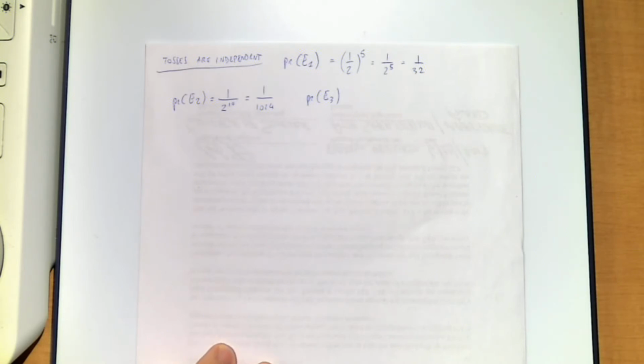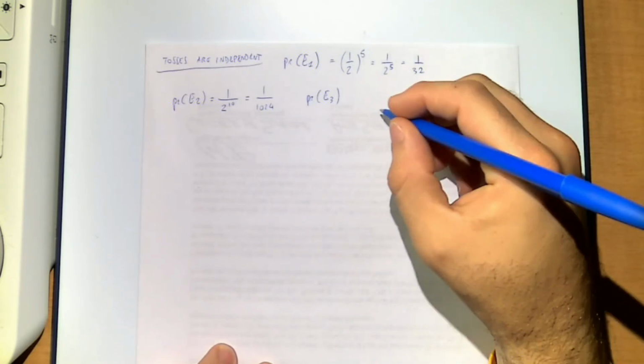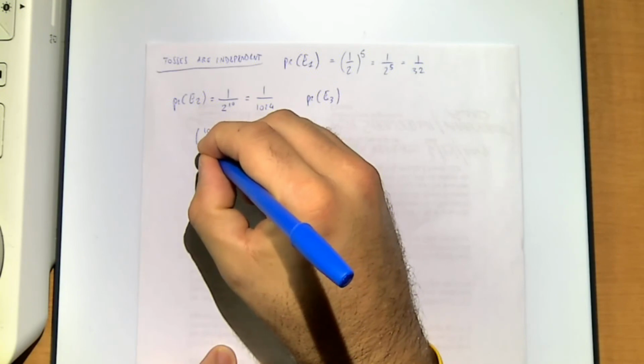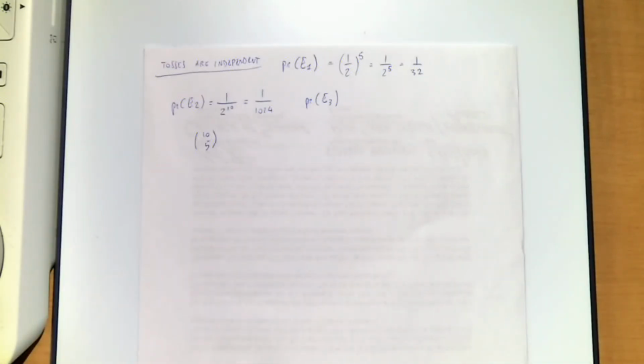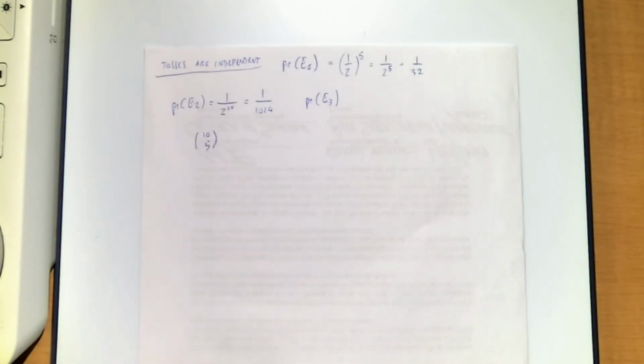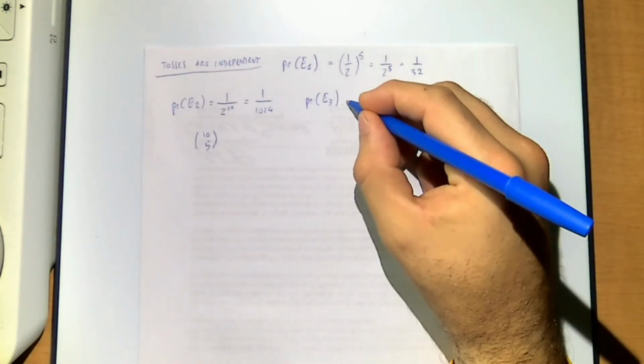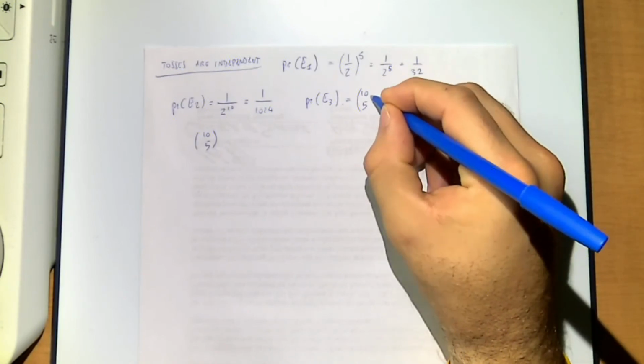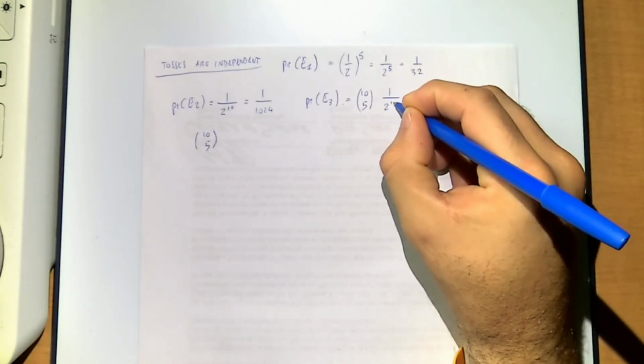So I just need to count how many possible ways of selecting I have, and that is given by 10 choose 5. Basically, I choose all my heads occur at toss 1, 3, 4, 5, and 7, whatever, or any other combination of these 10 places. Once I've chosen that, I have a certain probability of it happening. So it will be given by 10 choose 5 times 1 over 2 to the 10.